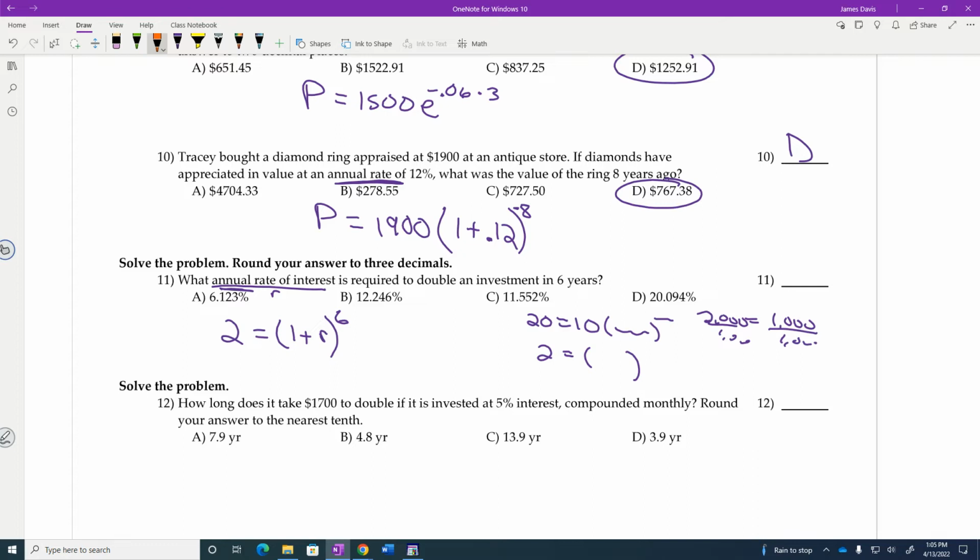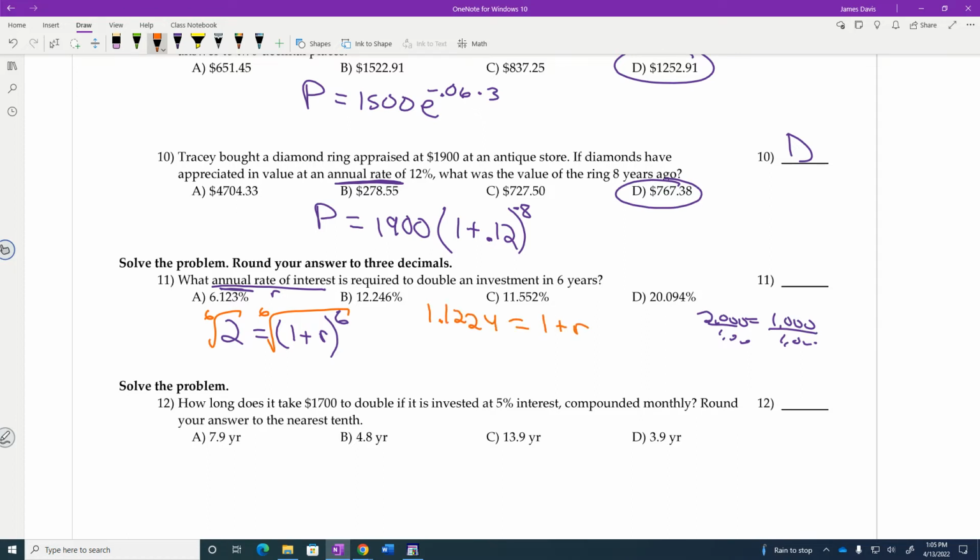Yeah, the 6th root. We got a 6 power, so the opposite of that is a 6th root on both sides. The other thing to make sure you know how to plug in, 6 math x roots 2. You'll get a decimal there.